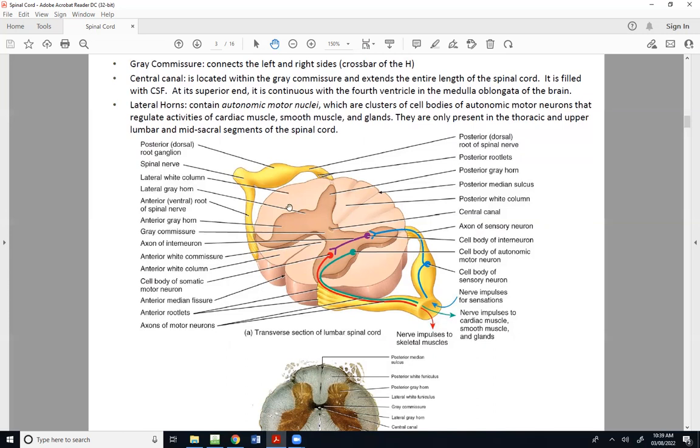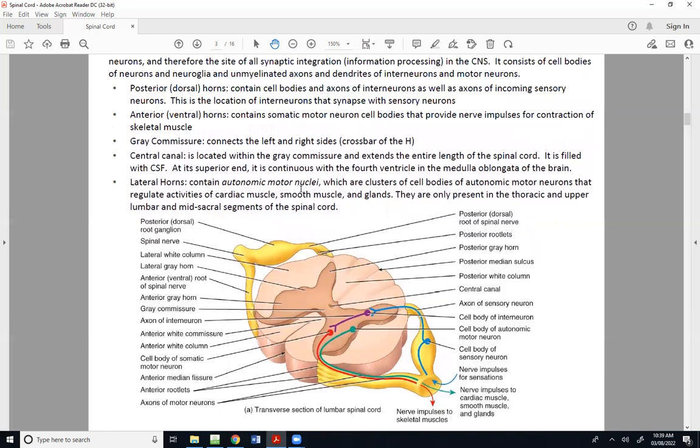Now, in a certain segment of our spinal cord, not the entire part of our spinal cord, we will also find lateral gray horns. Lateral gray horns are only found in the thoracic and upper lumbar and mid-sacral segments of our spinal cord. This is where you find the cell bodies of autonomic motor neurons.